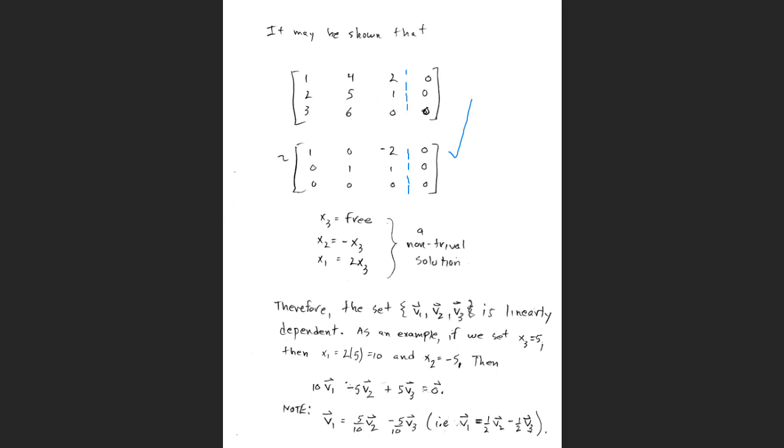And based on the fact that we have zeros here in the bottom row, and again, when they say zeros in the bottom row, that just means in this case 0x1 plus 0x2 plus 0x3 equals 0.